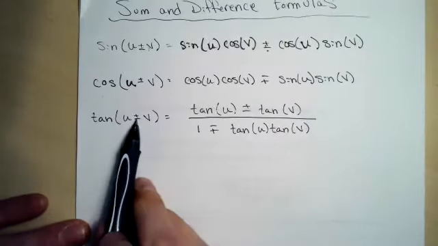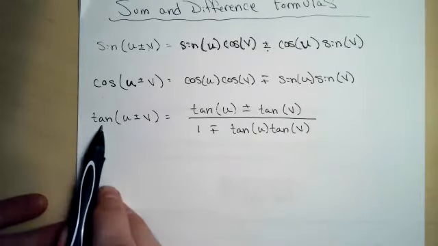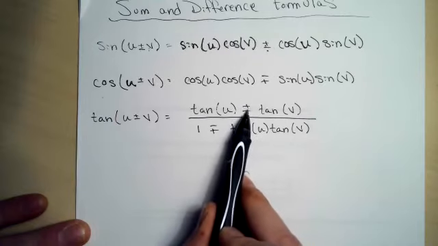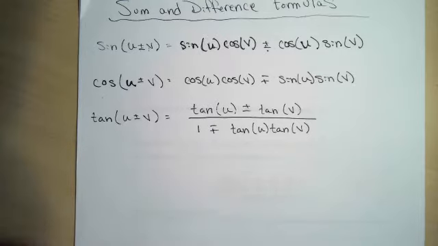So essentially it means that if we have a sum inside the argument of a tangent, then we pick the sum, the top symbol, in the numerator, but a minus sign in the denominator. So the symbol switches in the denominator there.